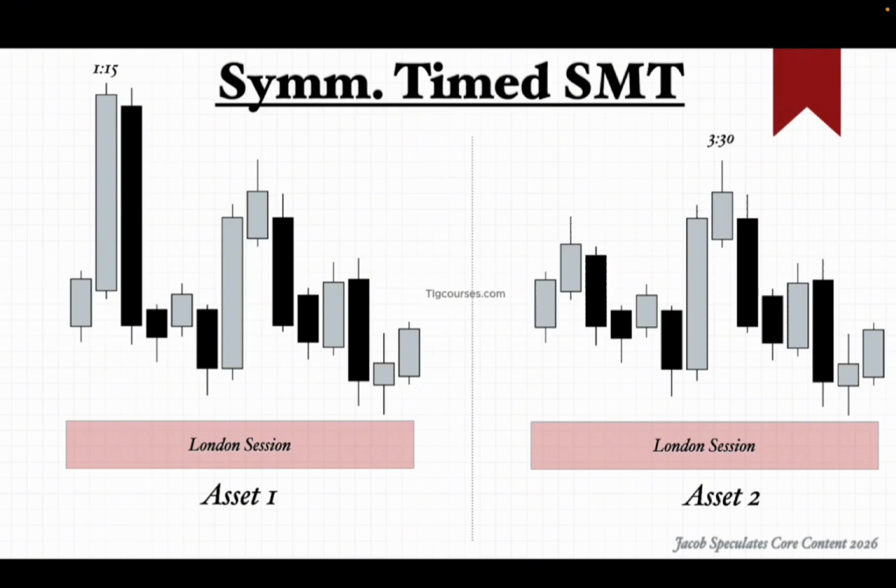If an SMT were to occur at London session's high, it wouldn't hold the same weight in terms of probability as the previous SMT that we looked at, because it would be an unsymmetrically timed sequential SMT. So if you see an SMT occur like this, this is whenever you would need that second stage cracking correlation or that extra bit of confirmation to know that the daily cycle SMT you're looking at would work.